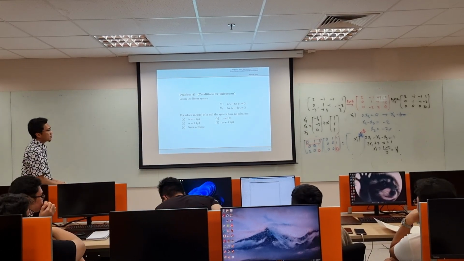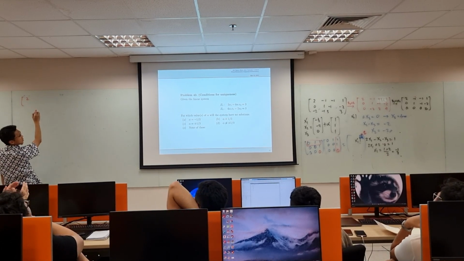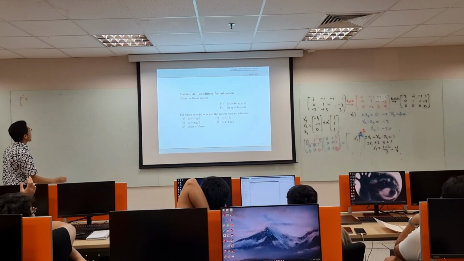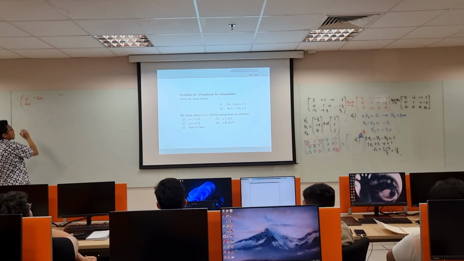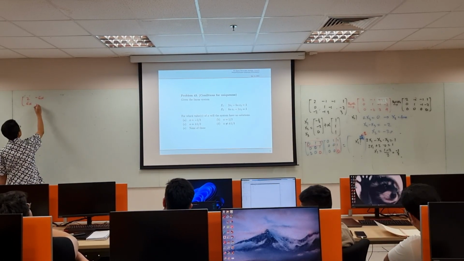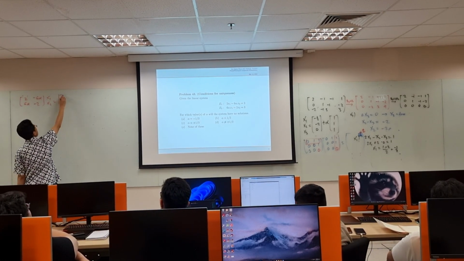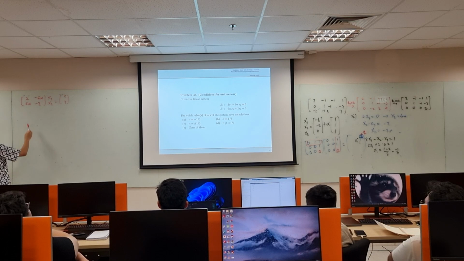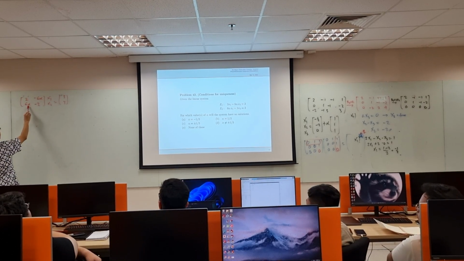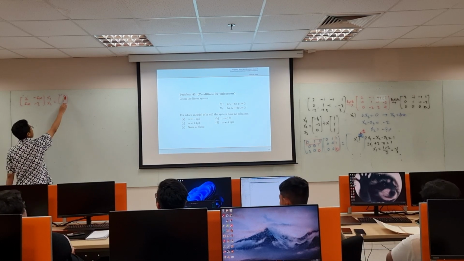Okay, if we have this problem, then we convert it into the matrix equation first. 2 minus 6 alpha, and in there 6 alpha minus 2. What is this? 3 and 3. So what we can see here is that from here to here depends on how big alpha is, yeah. 3 and 3.